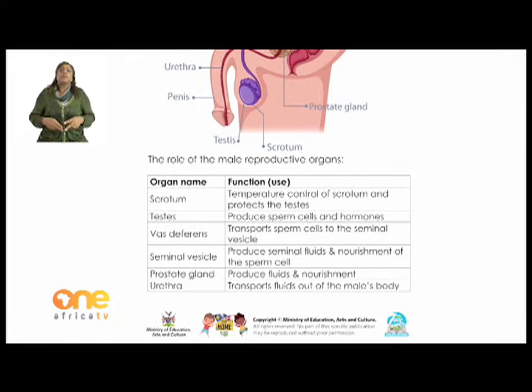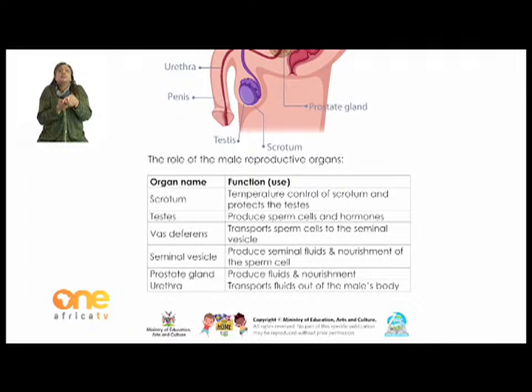And in order for them to do this, they require an optimal temperature that is provided by the scrotum. And once they have been produced, the sperm cells and hormones must travel through the vas deferens to the seminal vessel. And the seminal vessel will then produce seminal fluids and nourishment for the sperm cell.